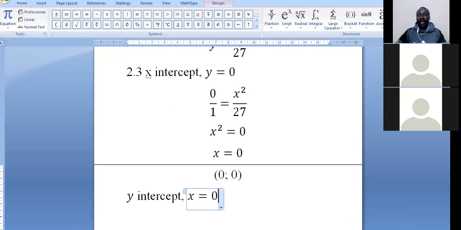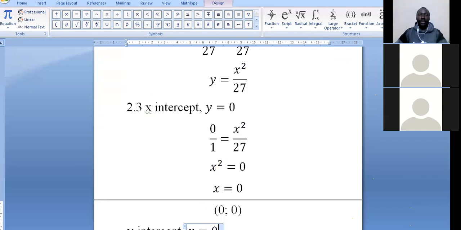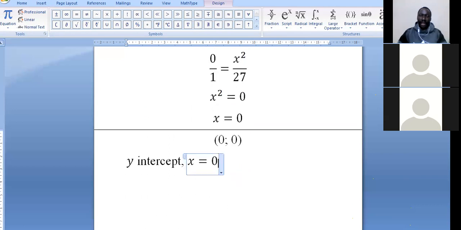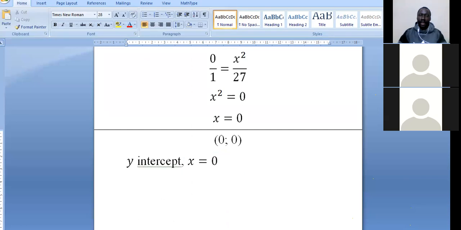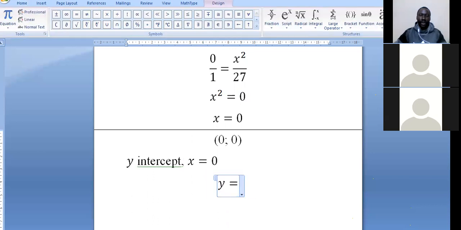So again, when we substitute in our equation, which is y equals x squared divided by 27, what do we notice there? Well, it's still the same thing. It's not undefined, it is defined.